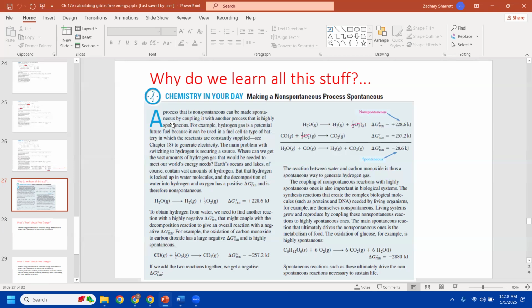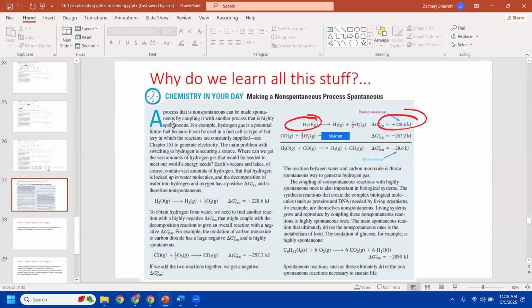So why is this important? If you were trying to do a reaction that is not spontaneous, you're not going to be able to. So let's say you're trying to start a company, okay? Say you want to make some kind of pharmaceutical or drug or some kind of gadget. If it is a non-spontaneous reaction, does that mean you cannot do that reaction? No, that means that you can force that reaction. So look at this.